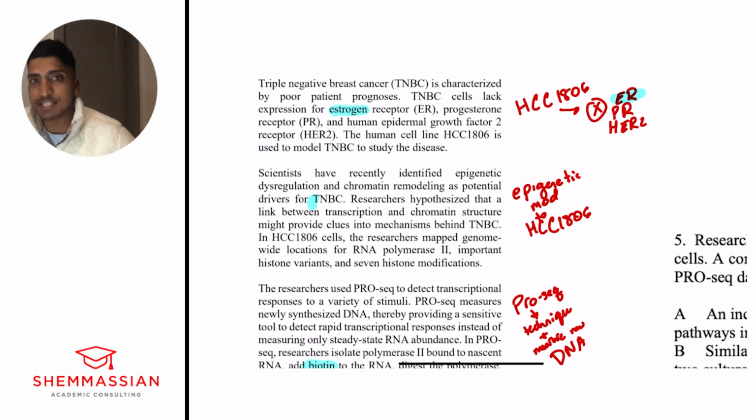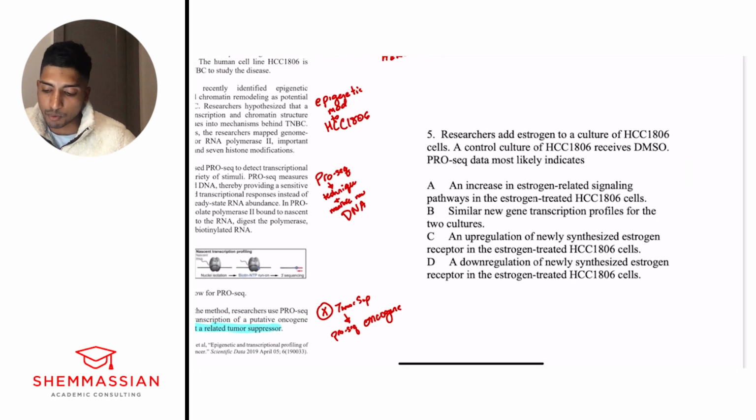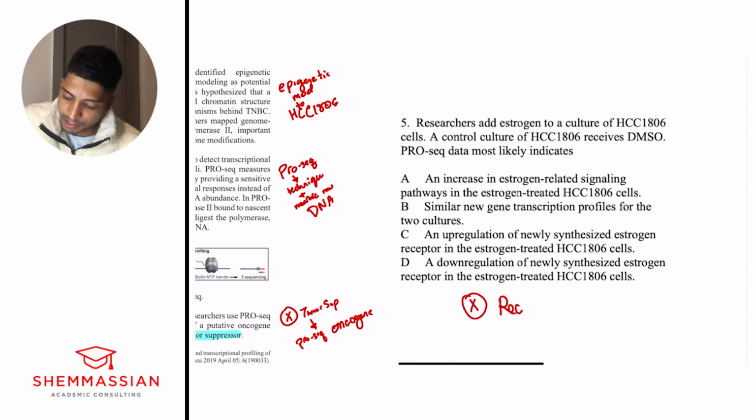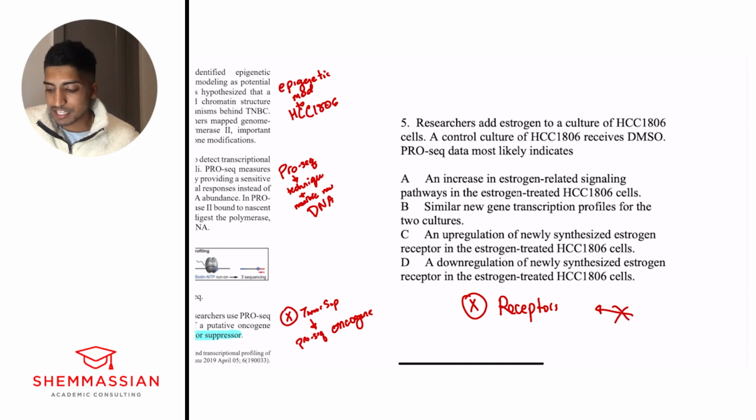TNBC cells, or in this case our HCC 1806 cells, lack expression for estrogen receptors. And so that is very, very important, right? If we lack expression for the receptors, so no receptors, that means nothing can bind to it. Estrogen cannot bind if there are no estrogen receptors, right?